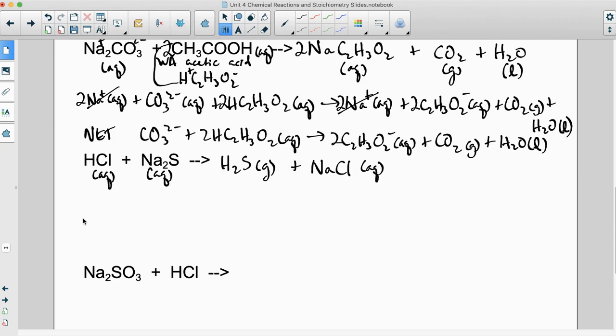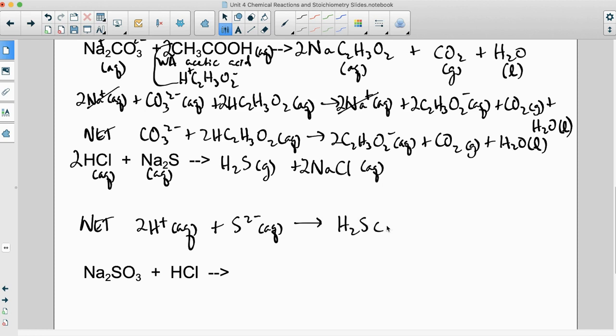So our net ionic is the formation of this H2S gas. So after we balance this, we would have 2H+ aqueous plus S2- aqueous forms our H2S gas.